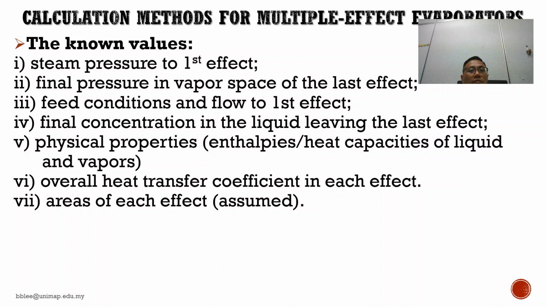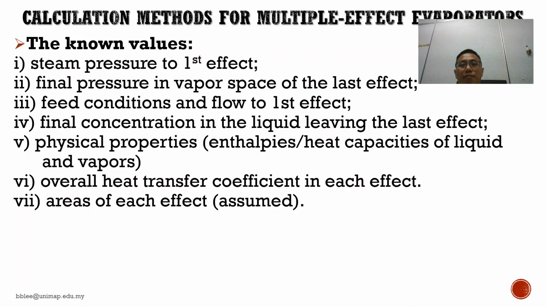Now, the known values usually include the steam pressure to the first effect. Normally we know the supply steam pressure. Then the final pressure in the vapor space of the last effect, which we can actually measure.